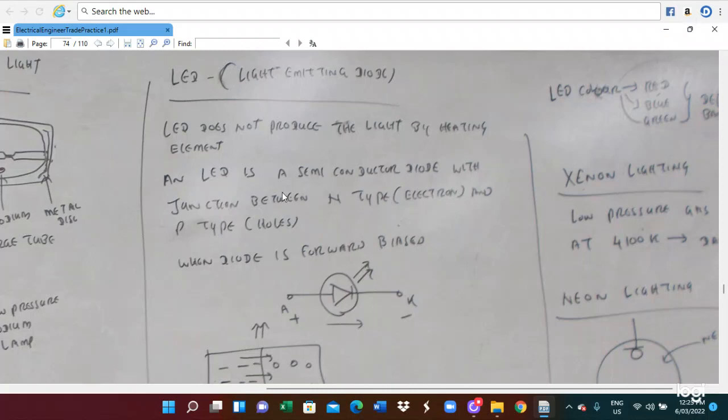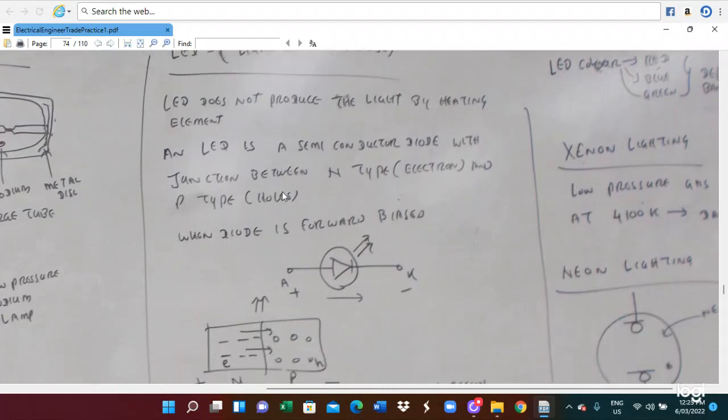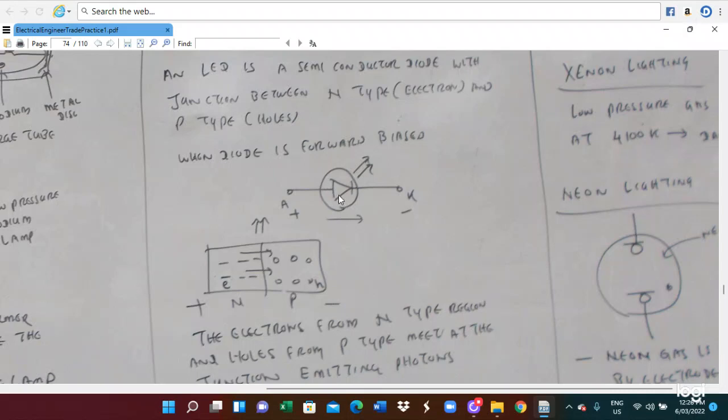Here is the LED, the light emitting diode. An LED does not produce light by a heating element. An LED is a semiconductor diode with a junction, with electrons and holes.